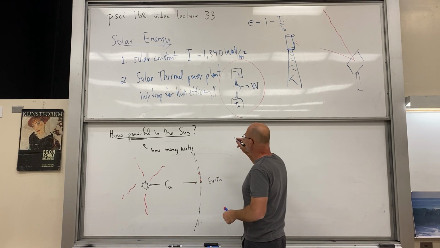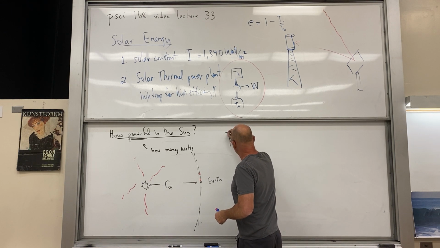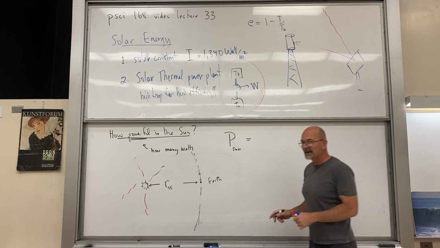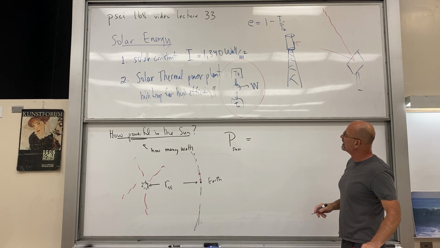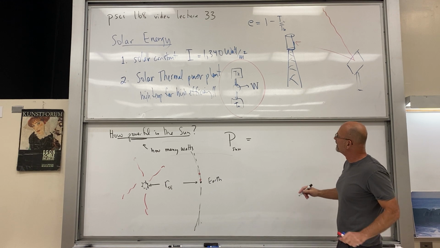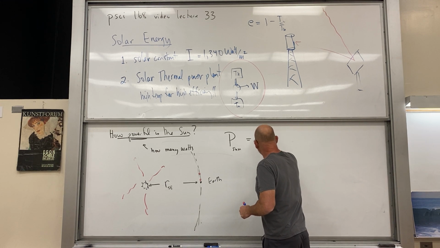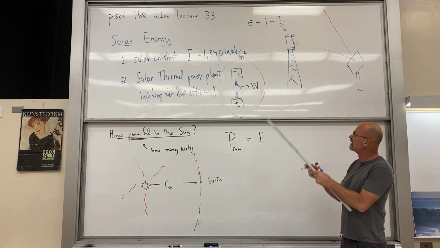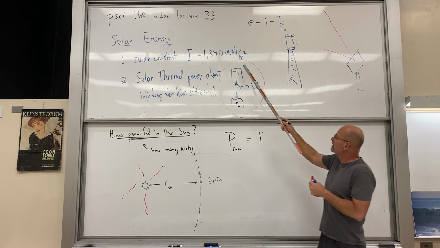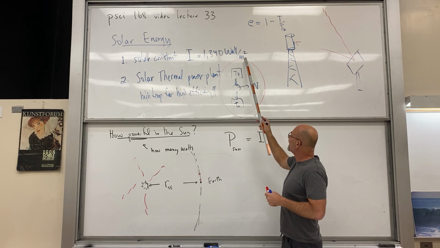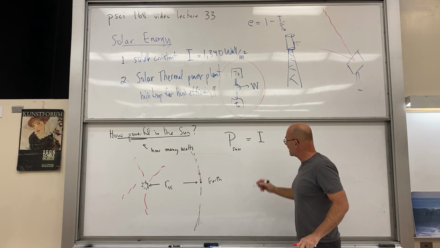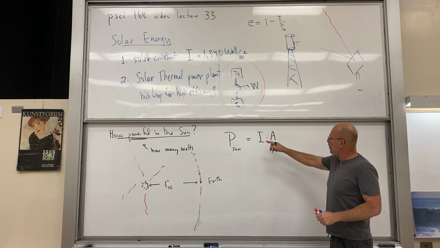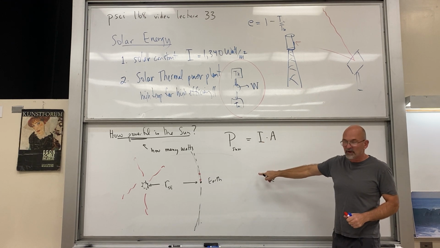are on this gigantic sphere that is surrounding the sun? I'm just going to write the formula and then explain it. So the power of the sun is the solar constant times the area, right? If you take I times area, it's I times A, watts per meter squared times meter squared.